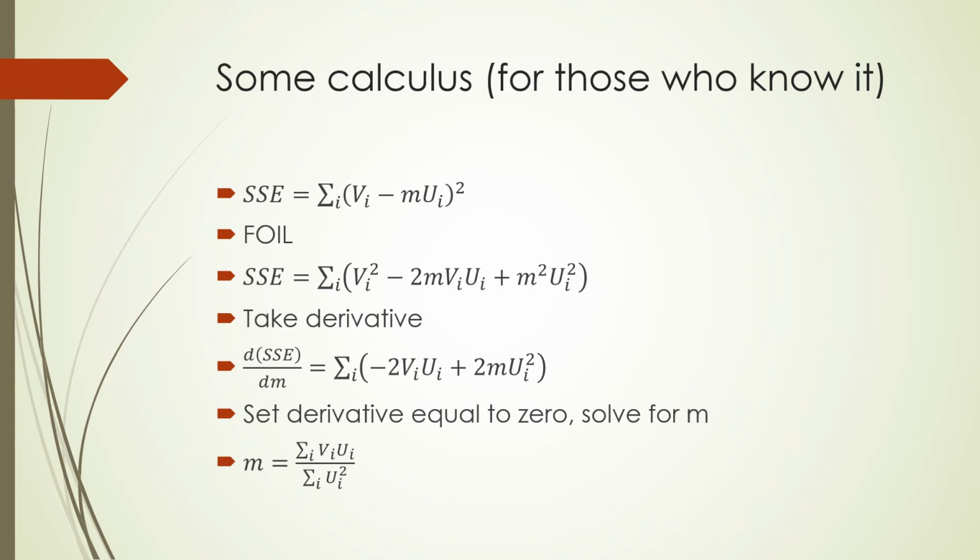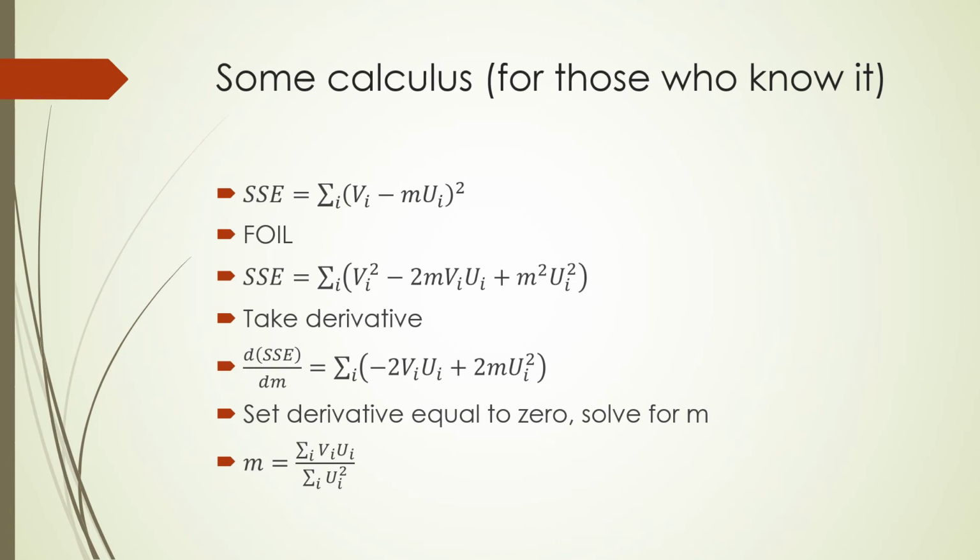We're going to take that square term and apply FOIL. The first term is vi squared. The outside and the inside terms are going to be the same, and they're both m vi ui, and there are two of them, so that's the minus 2 m vi ui. And the last term is m squared ui squared.